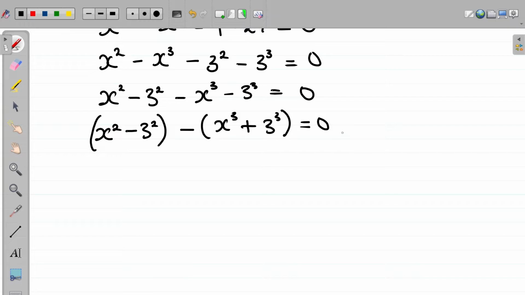Now, if you observe, we have difference of two squares, and we also have sum of two cubes. But we know that a squared minus b squared is equal to a minus b multiplied by a plus b.